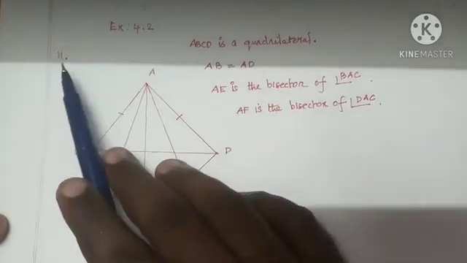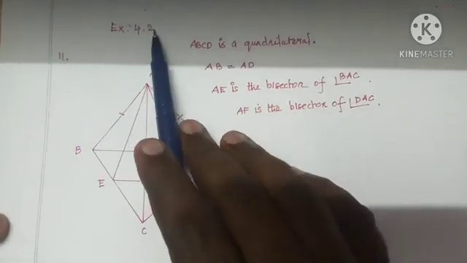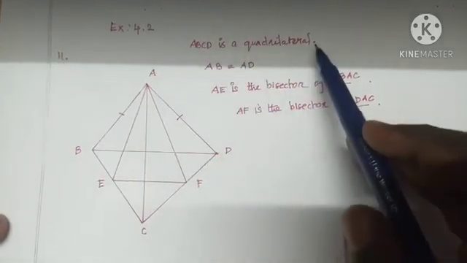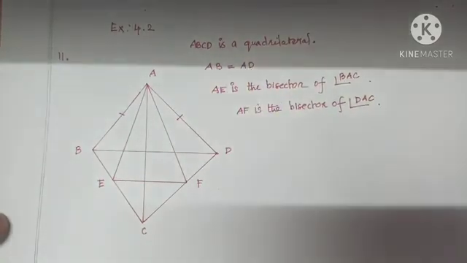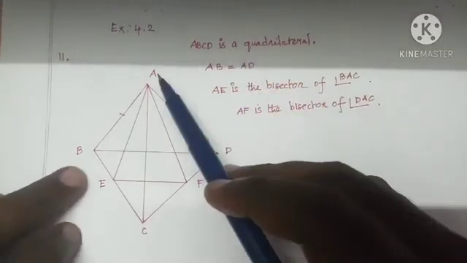Question number 11, exercise 4.2. ABCD is a quadrilateral where the length of AB is equal to the length of AD. Look at the diagram.